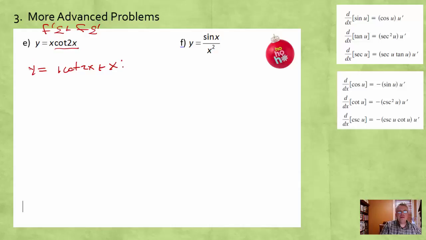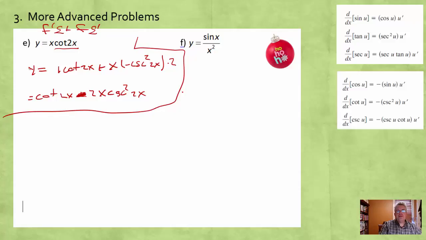That would be minus cosecant squared 2x times the derivative of the inside, times 2. We use the chain rule there. Okay, so we get cotangent 2x plus, actually minus 2x cosecant squared 2x.